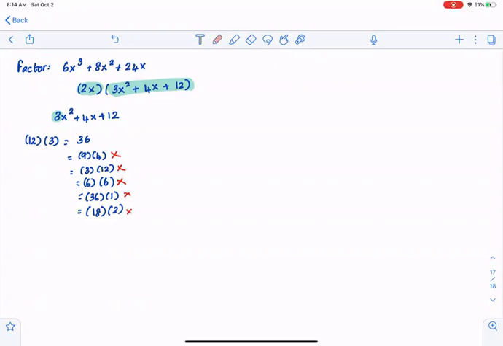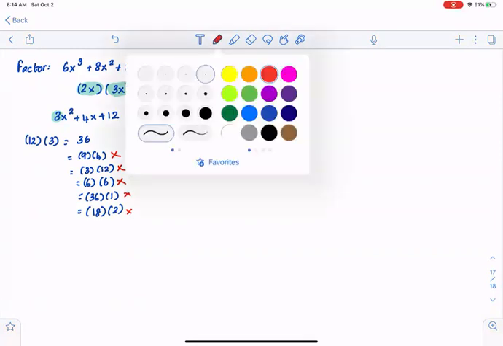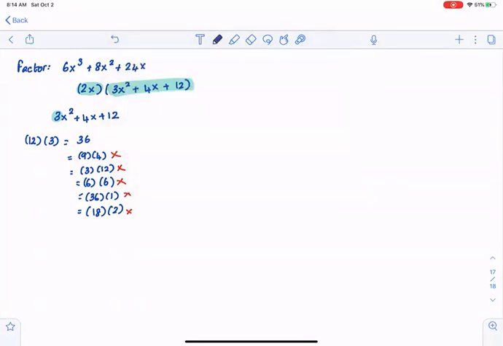So it seems like the term 3x squared plus 4x plus 12 cannot be factored further. So if that is the case, we call that trinomial to be prime. Prime in the sense you cannot factor it in terms of real numbers. You end up having imaginary numbers.